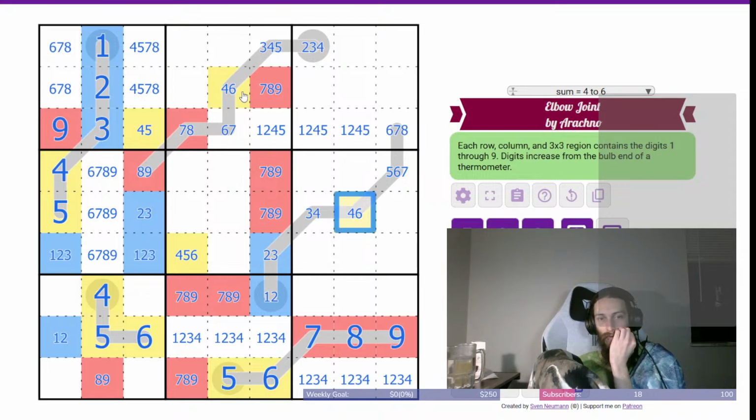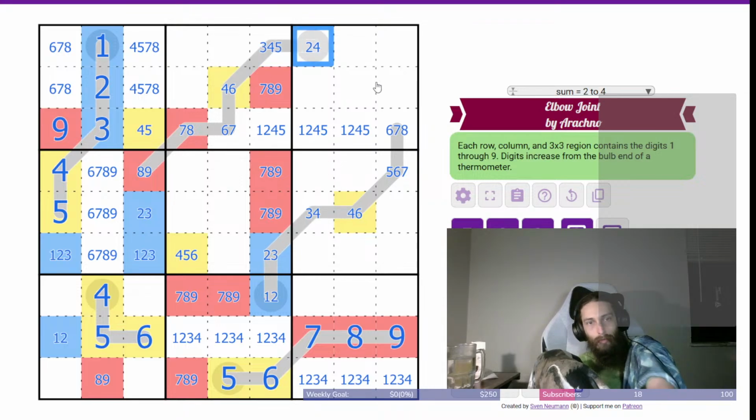But if one of these is 4, and one of these two is 3, then this can't be it.